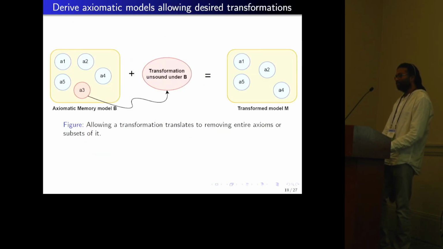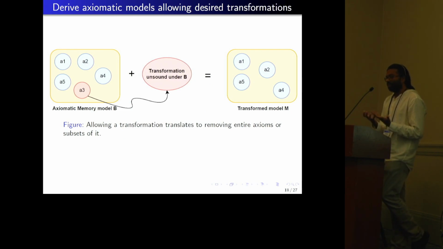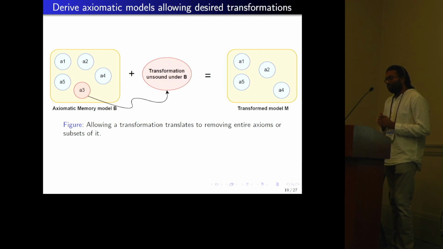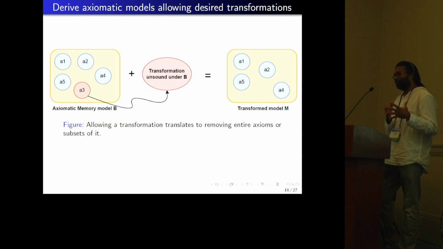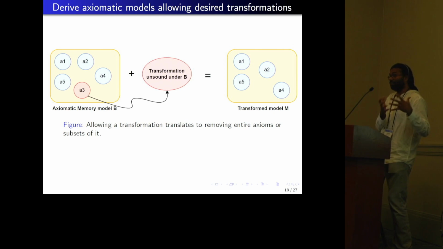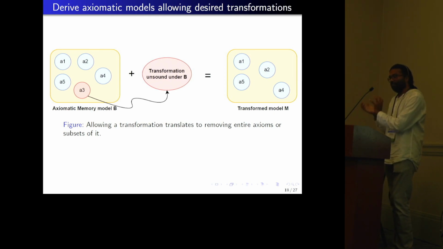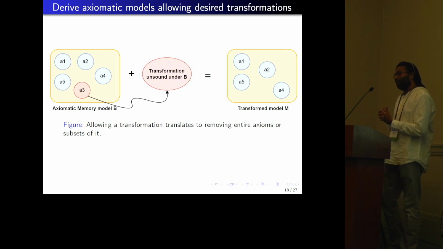And why do we use such axiomatic models? Well, we noted that the reason a transformation is unsound, as we see in the previous examples, is that some axiom for a given execution of the original program is violated. But in the transformed program, for the same execution, the axiom is not violated anymore.